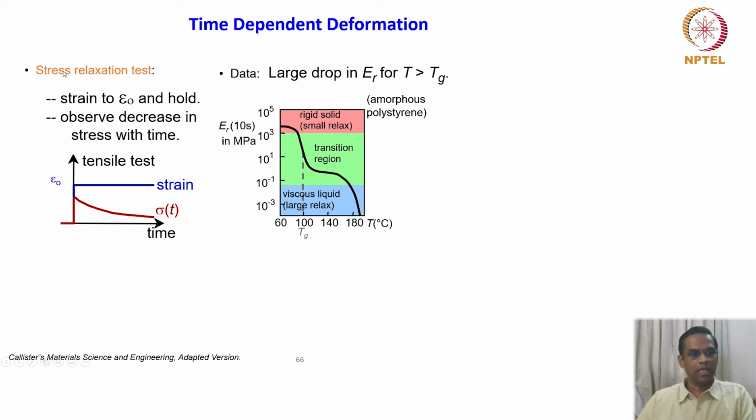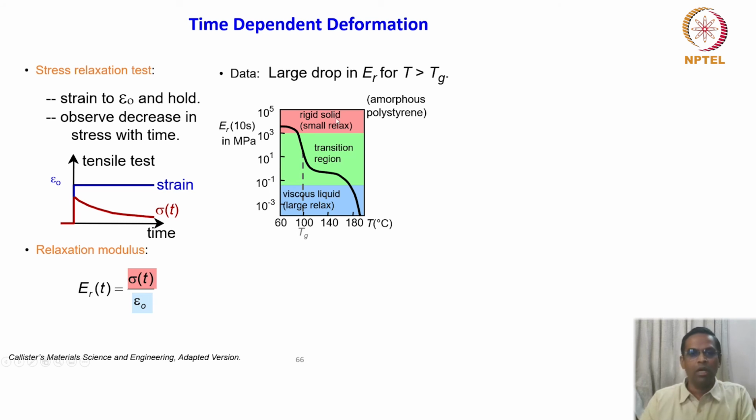So that is stress relaxation tests typically. It is done normally in the amorphous materials, and then we try to calculate something called relaxation modulus, that is ER, as a function of time, which is equal to sigma T divided by epsilon naught. So that's what typically calculated in a stress relaxation test, and then E versus T is measured here.